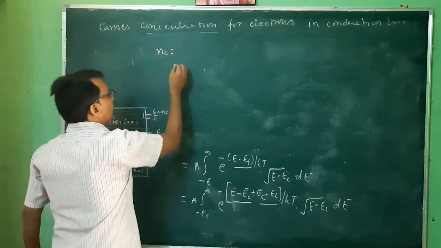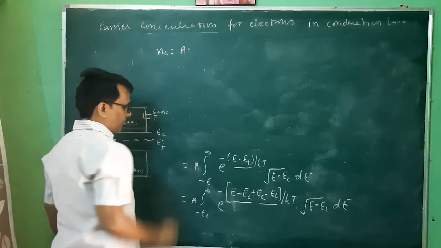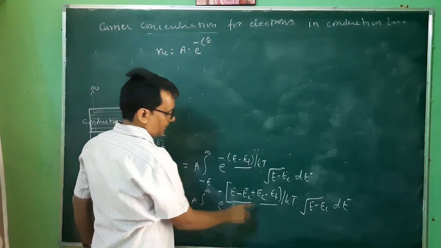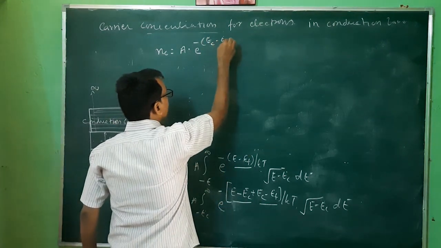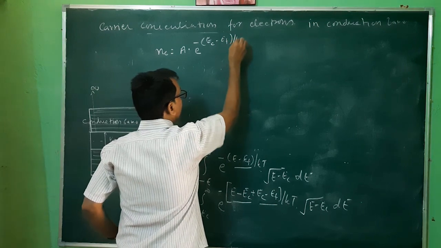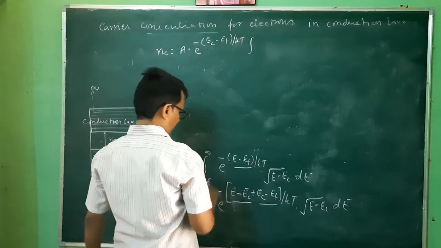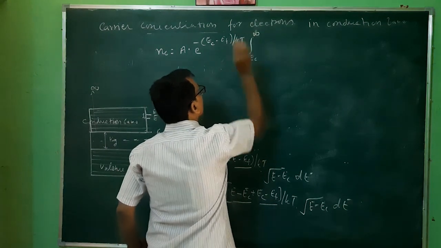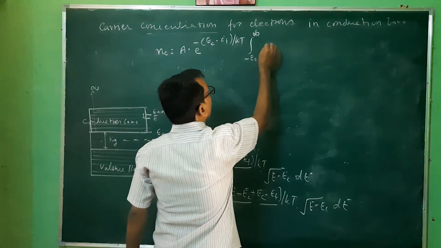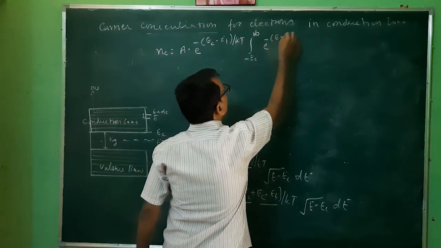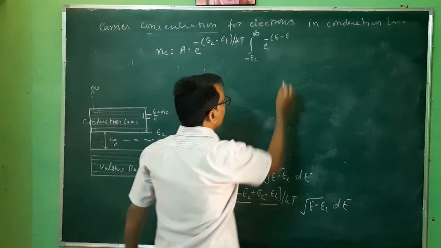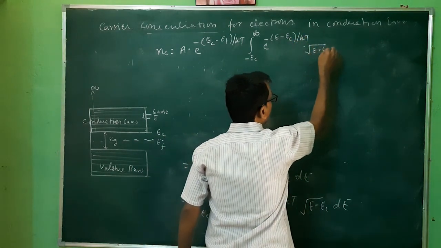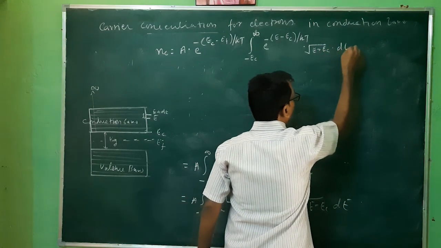So Nc is equivalent to the constant A multiplied by exponential of minus (Ec − EF)/kT, with the integration from Ec to infinity of exponential of minus (E − Ec)/kT multiplied by √(E − Ec) dE.